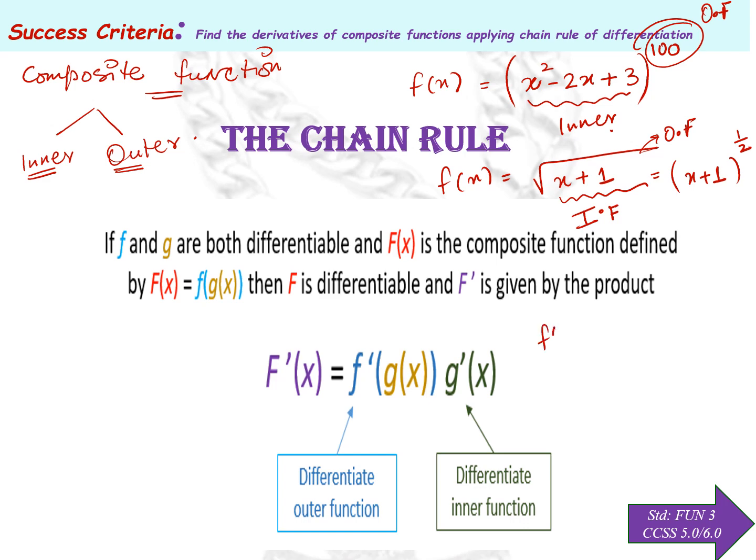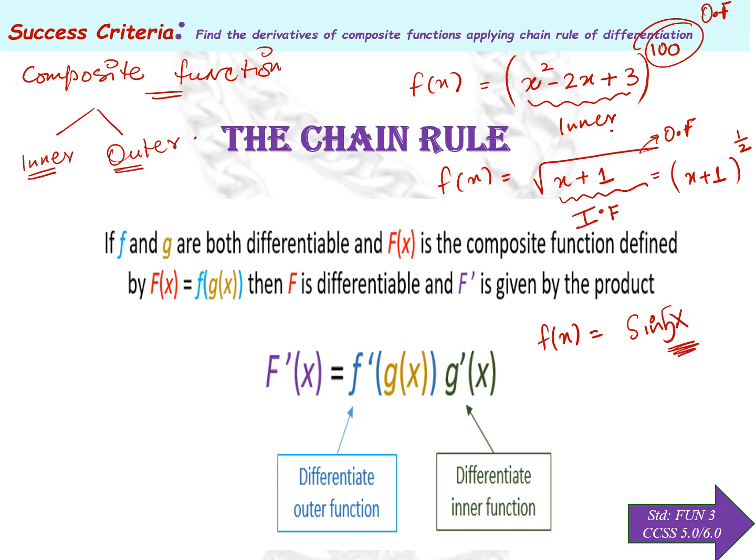Okay, let's write one more function. We can write f of x equals, we know a trigonometric function sine x, right? So it is a normal basic trigonometric function. But if I write sine of 5x, here I will again have an inner and an outer function.